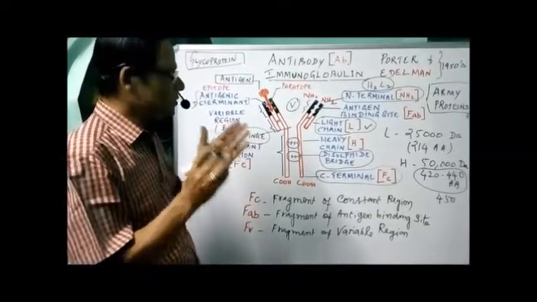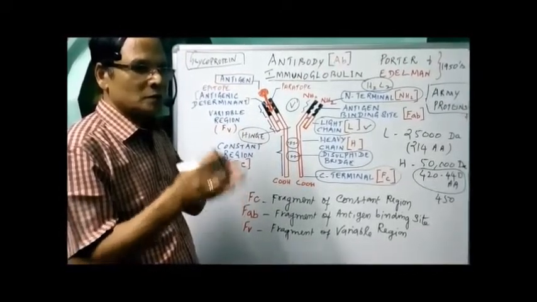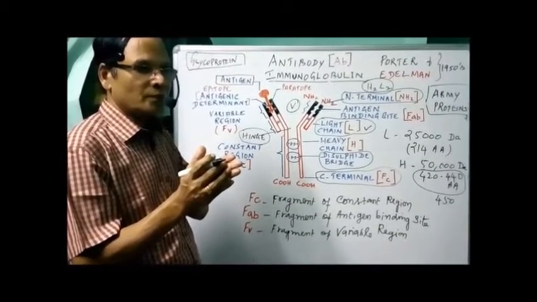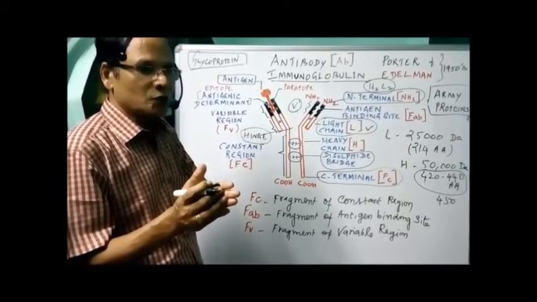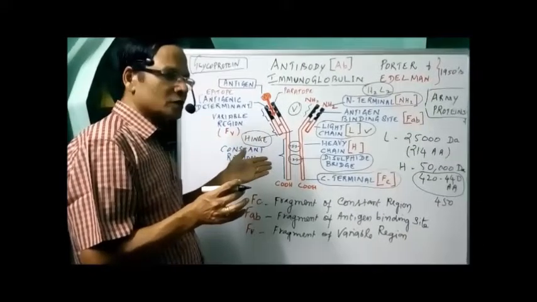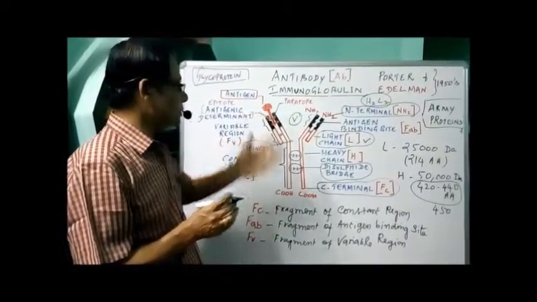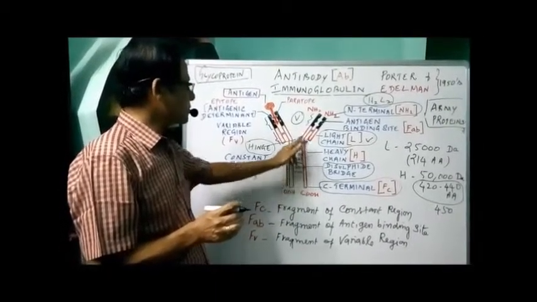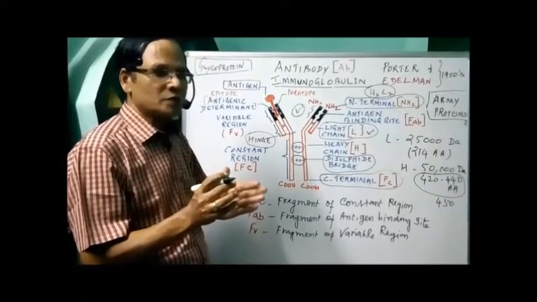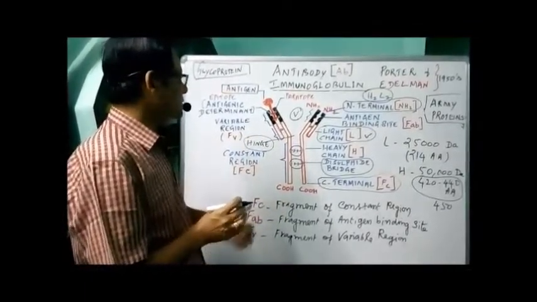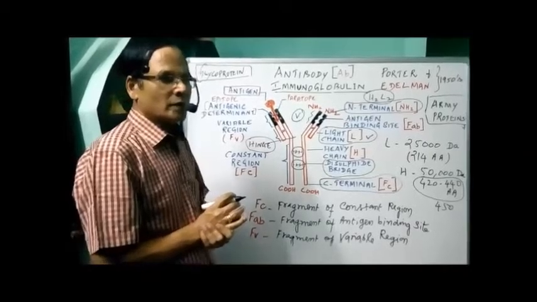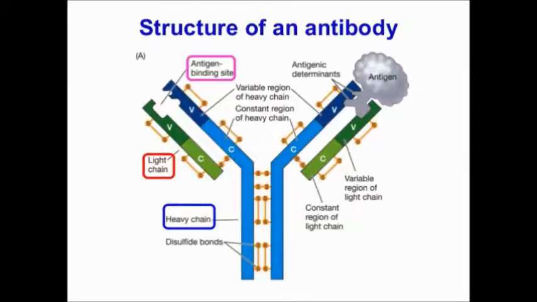They have the same number but varying sequence. Suppose we have for example methionine 1 and glycine 2, like that. In different antibodies, we have varying sequence of amino acids, hence called the variable region. But this is called the constant region, having the same sequence of amino acids. That's about the two regions. Okay, now I'll proceed further.